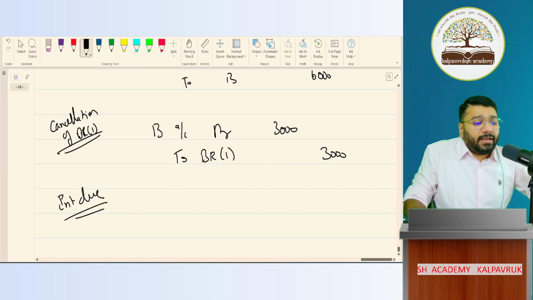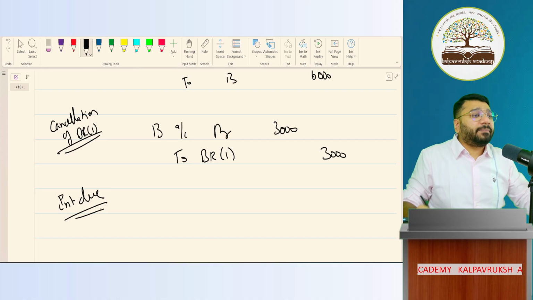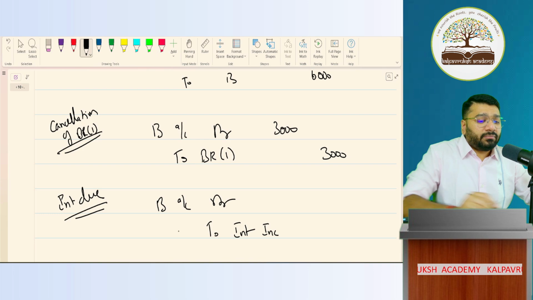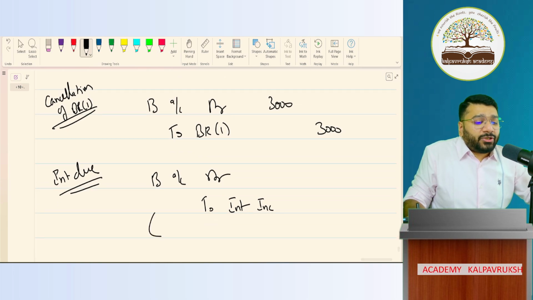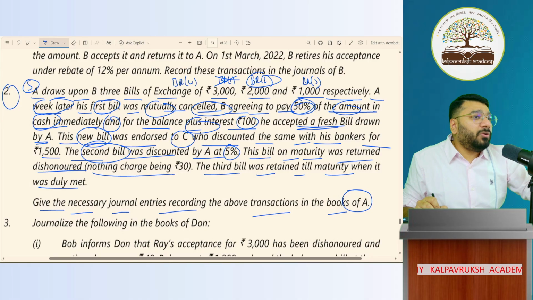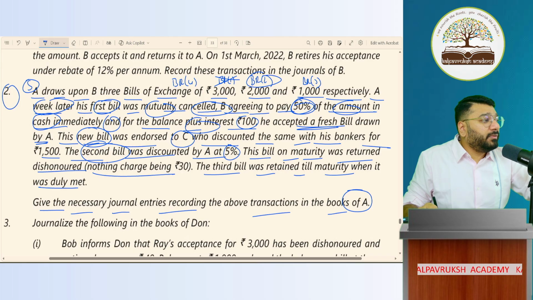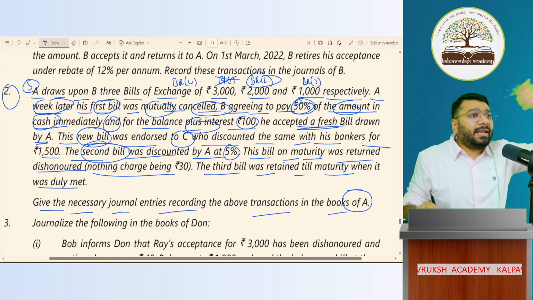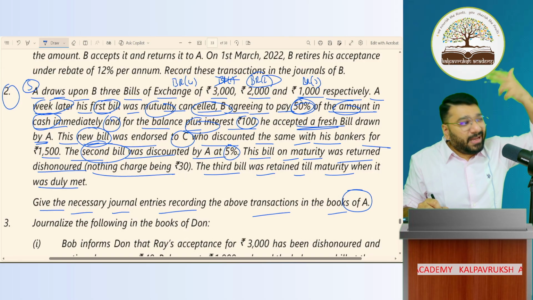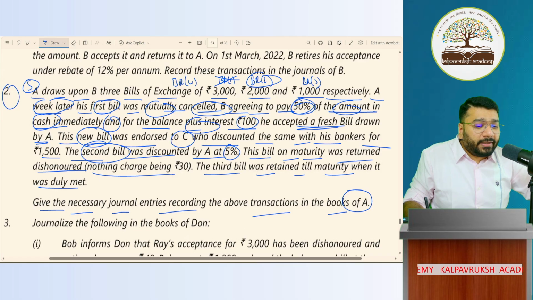Interest due entry. Interest, are we receiving or paying? Receiving. So interest income. From whom should I receive? B. B account debit. Now, interest I should calculate on what? Out of 3,000, 50% is being paid, no. So what is not being paid? The remaining 50%. For that extra credit period, interest has to be calculated only on the remaining amount.